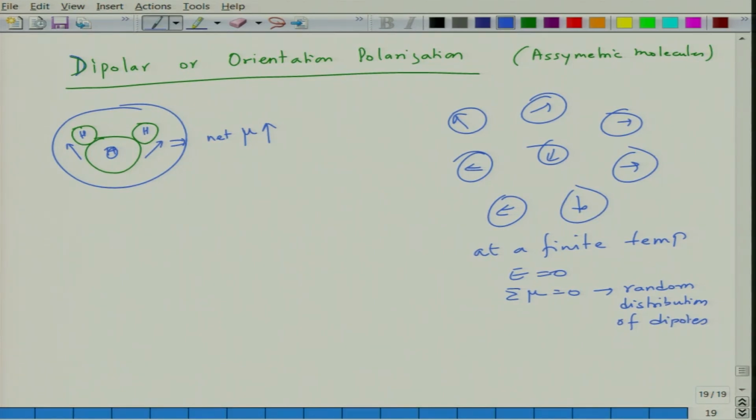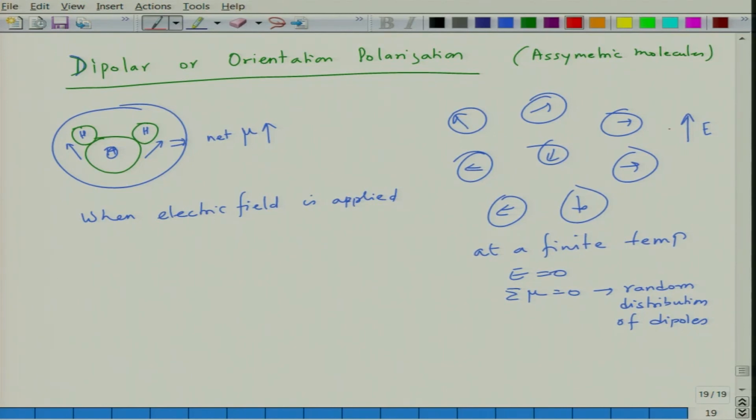What happens when you apply an electric field? Let us say the electric field is in this direction, then you might have a little change in orientation. For the sake of simplicity we are depicting them in the same direction, but they will be in different directions.